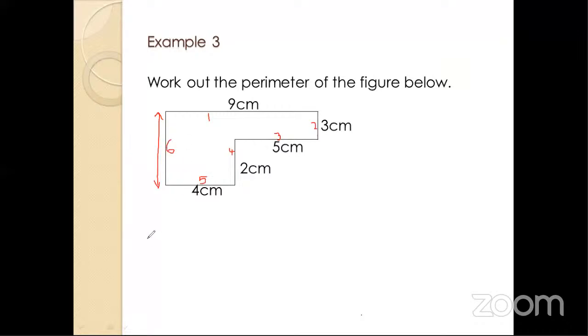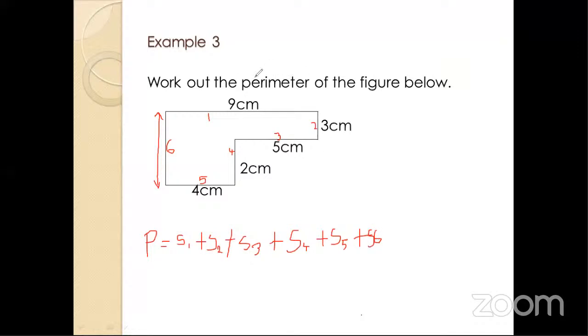So if I need the perimeter of that shape, I'm going to say perimeter equals side 1 plus side 2 plus side 3 plus side 4 plus side 5, and then side 6.